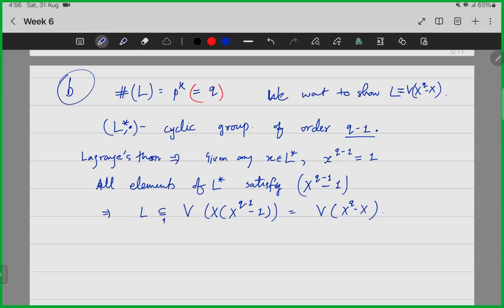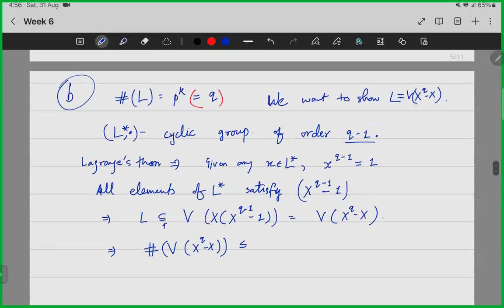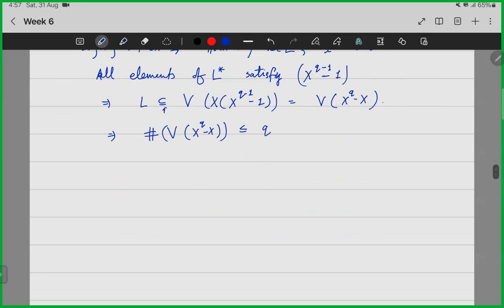Why is this equal? What is the order of the zero set of x to the q minus x? This is less than or equal to q, because a degree q polynomial in a field can have at most q roots.